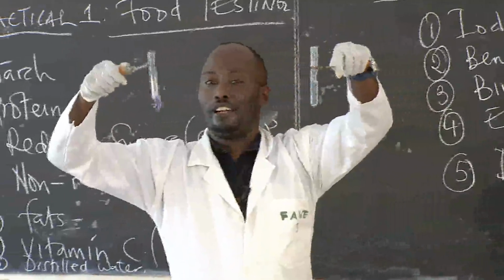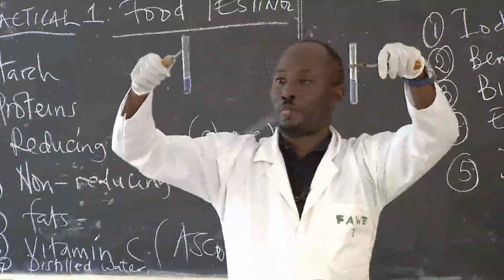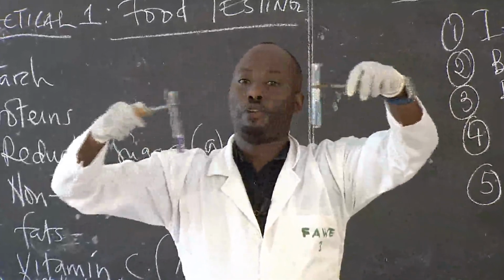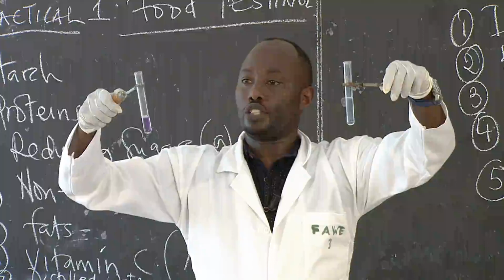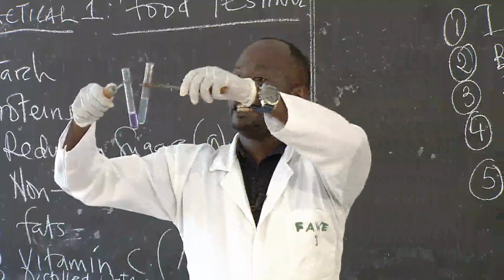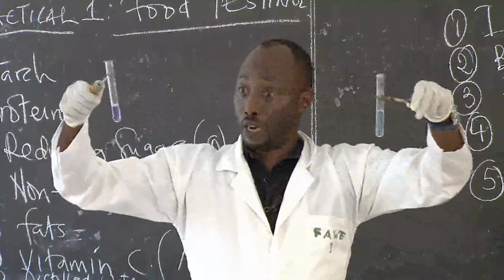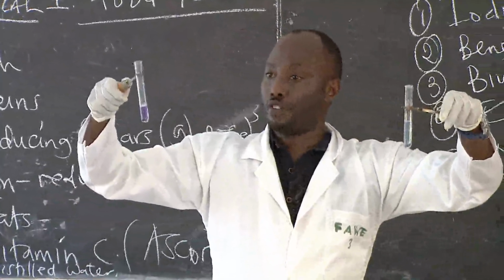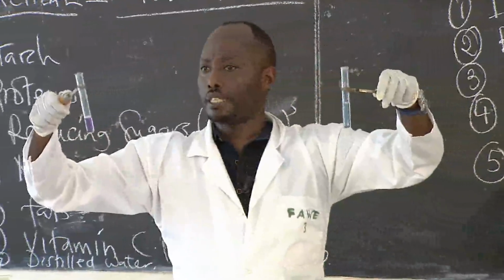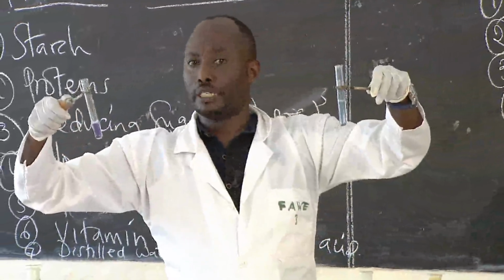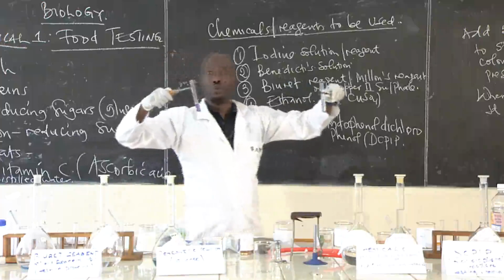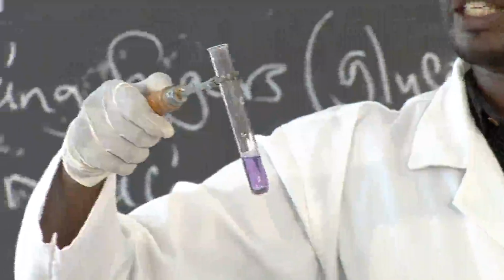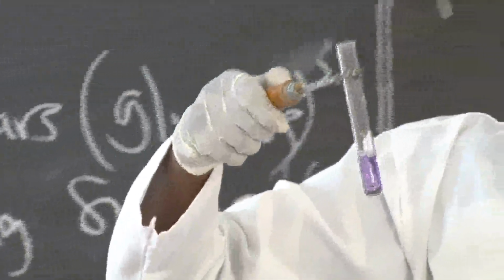Here, the color of Biuret persists, does not change. But here, the color changes from a blue color to a purple color. If it changes to purple, that indicates there is presence of proteins. So the color changes from blue to purple, which indicates positive. The positive result shows that there is presence of proteins.